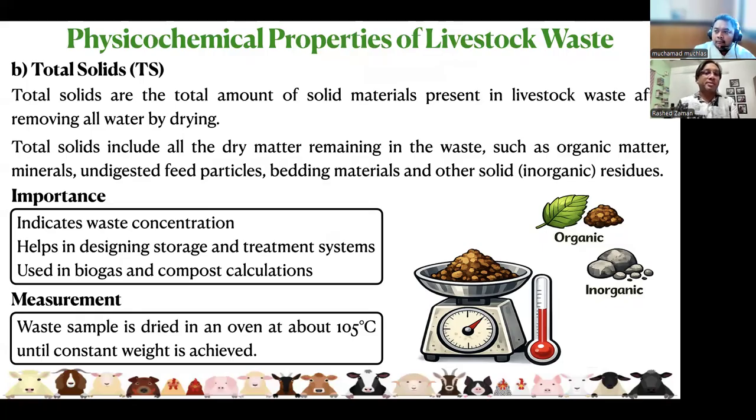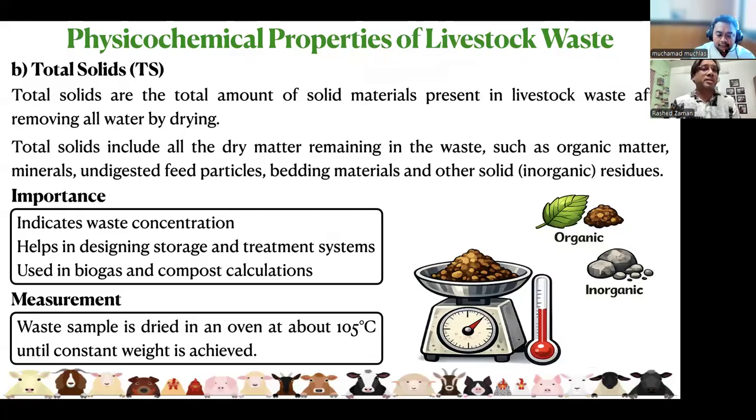It also helps in designing storage and treatment systems because different kinds of waste, such as solid waste, semi-solid waste, and liquid waste, require different handling and treatment procedures. It is used in biogas and compost calculation because the amount of dry matter helps to estimate the available organic material for biogas production and composting.